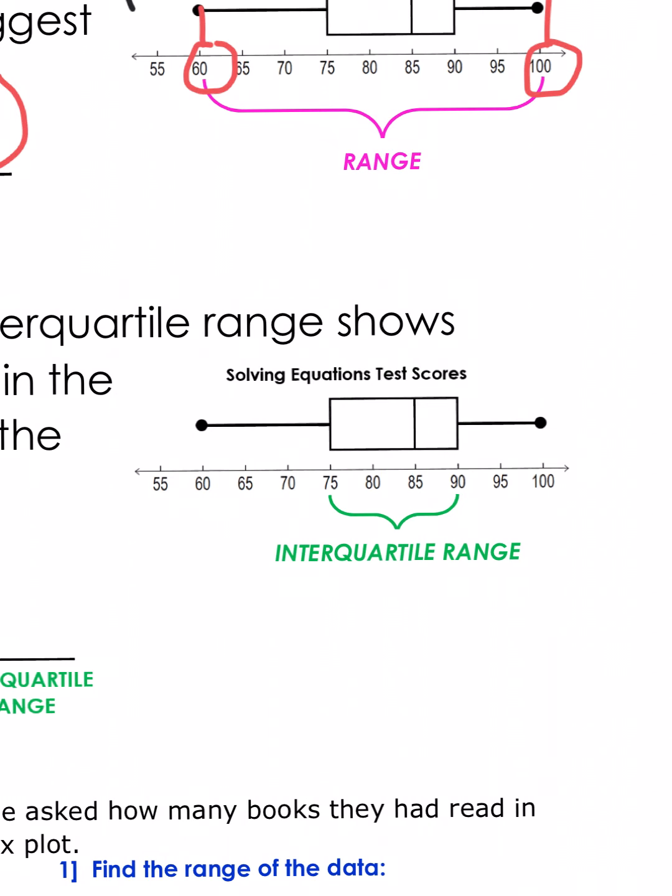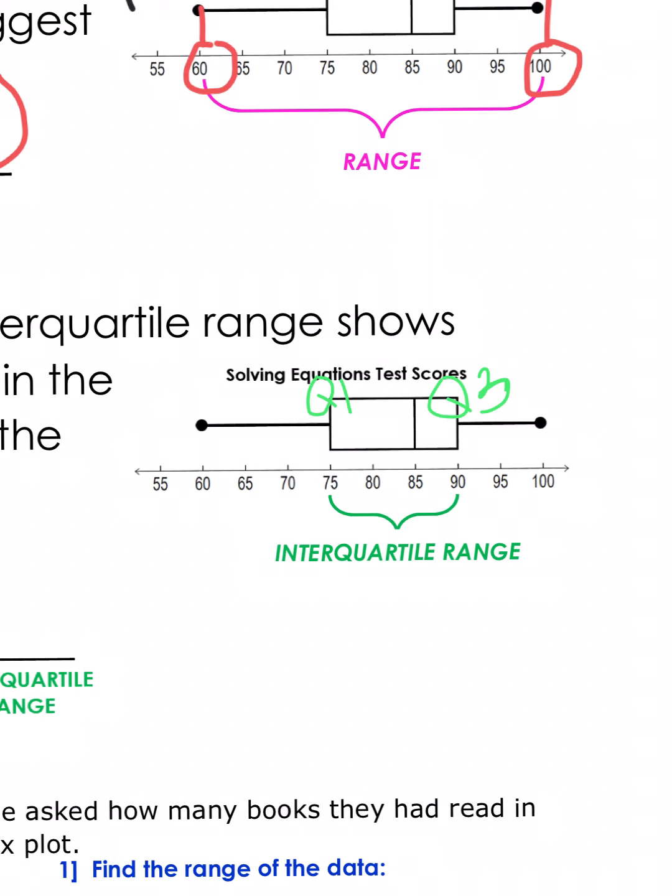This was quartile 1, and this is quartile 3. Now we're talking about how spread out the middle is. Only the middle of the box plot, not the entire box plot, not the entire set of data.